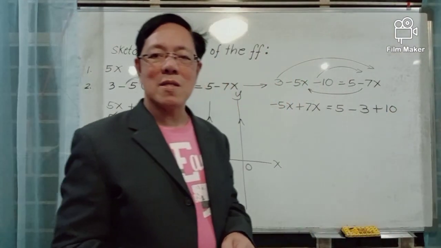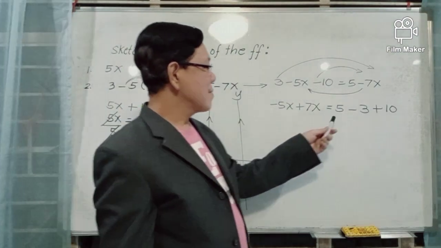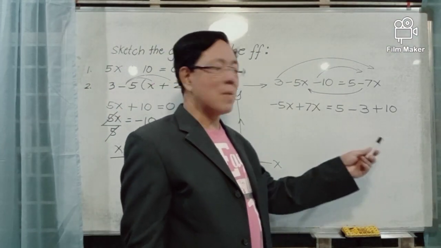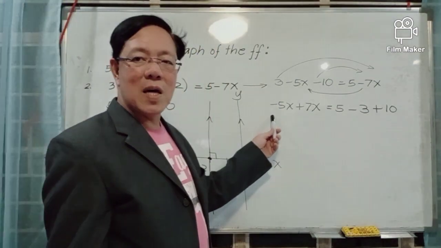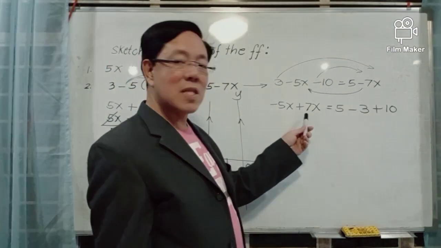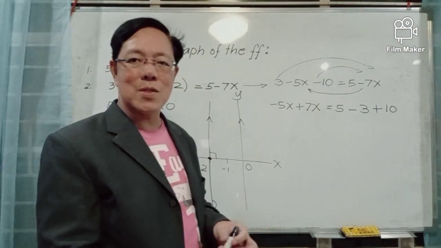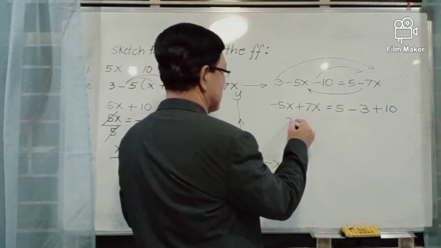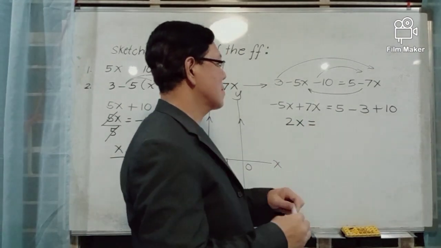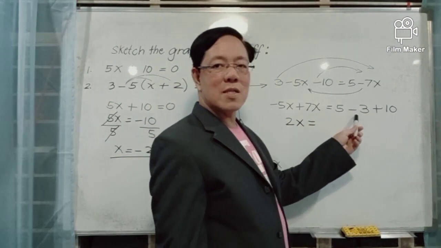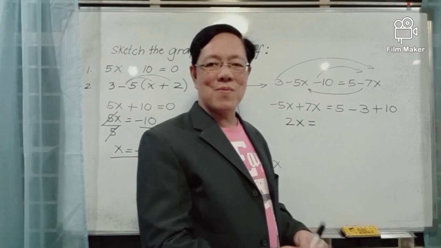Now, combine like terms at the left side and perform the operations at the right-hand side of the equation. We have -5x plus 7x, or 7x minus 5x is 2x. Equals 5 minus 3 is 2 plus 10 is 12.